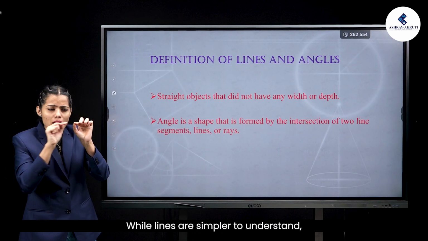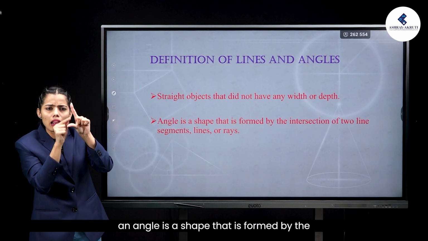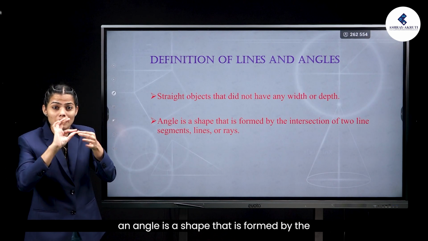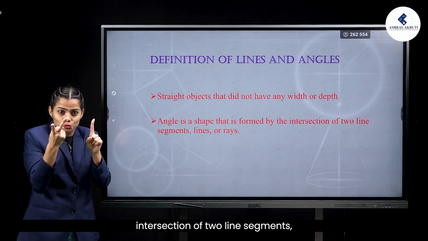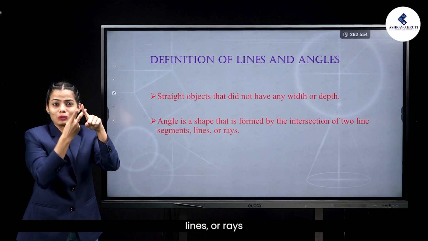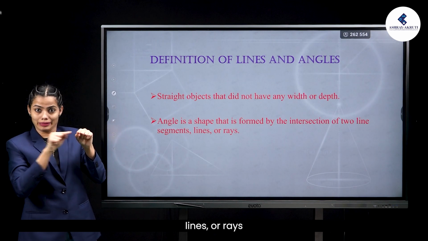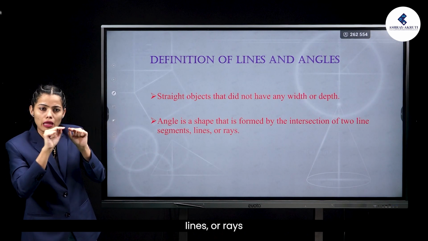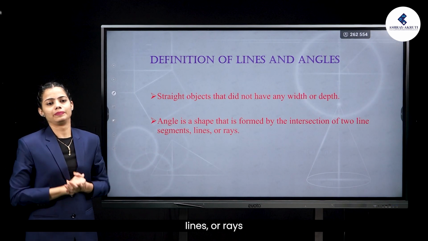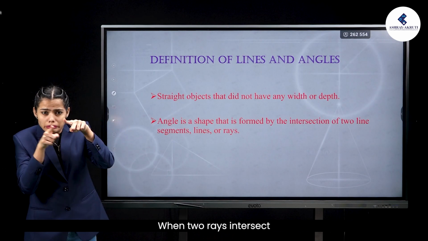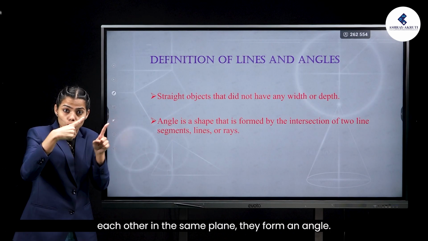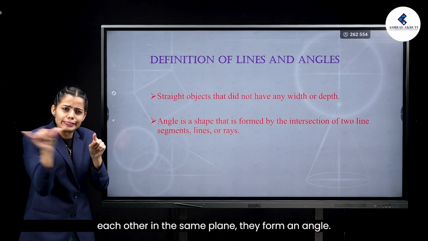While lines are simpler to understand, an angle is a shape that is formed by the intersection of two line segments, lines or rays. When two rays intersect each other in the same plane, they form an angle.